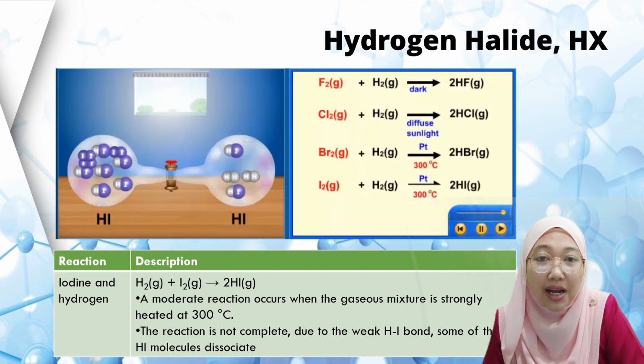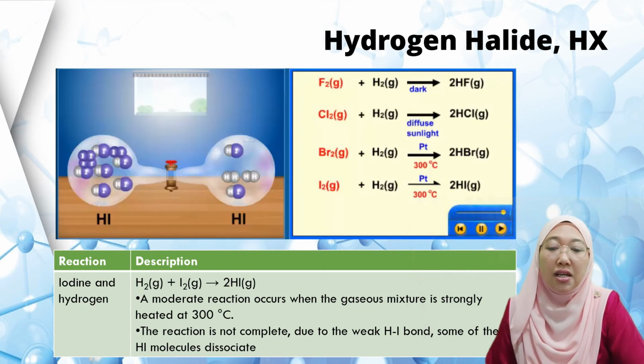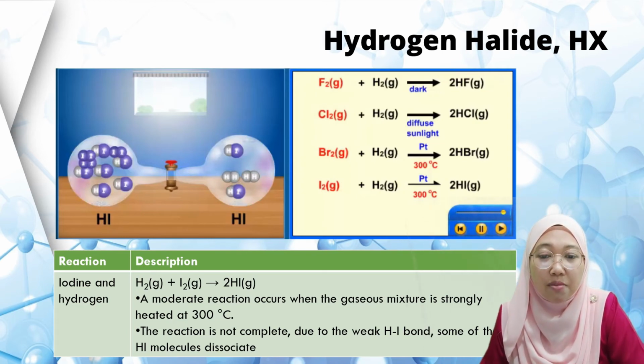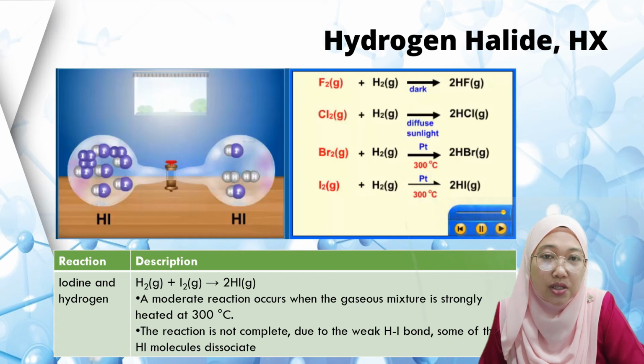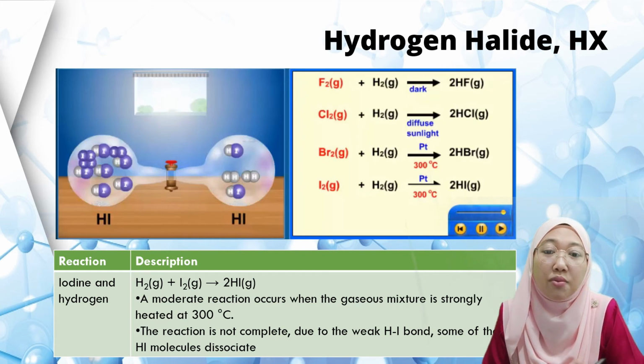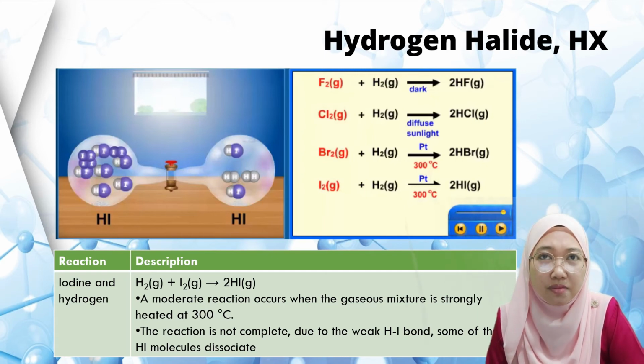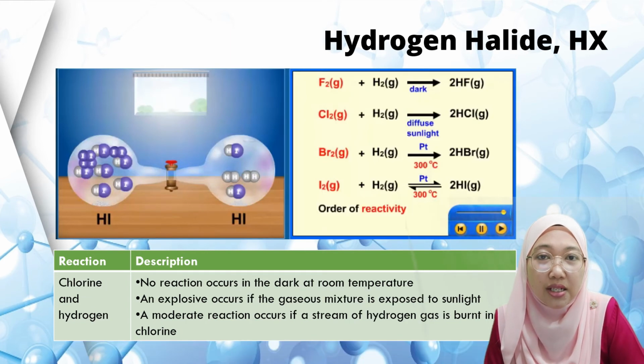Due to the weak hydrogen iodide bond, some of the hydrogen iodide molecules dissociate. Once it becomes HI, it can dissociate into hydrogen gas and iodine gas. That is why the reaction is only partial.